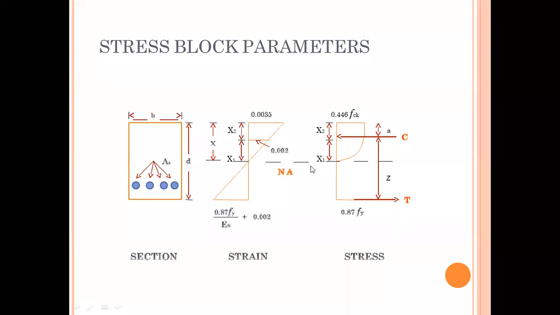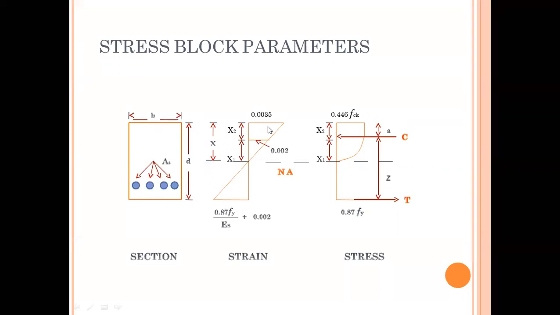How was it in WSM? It was linear. We know that the relationship is not linear, so here we are actually taking the actual relationship. This is non-linear. So this part is parabolic and then it is constant. The maximum stress we have just discussed is 0.446 fck, and the maximum strain was 0.0035.